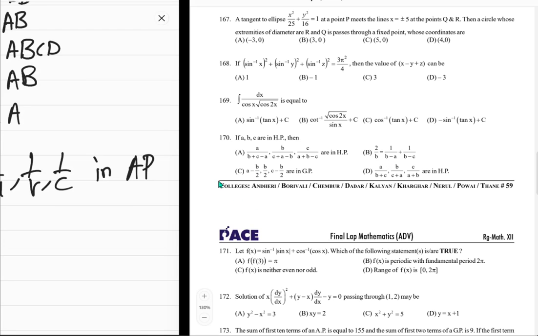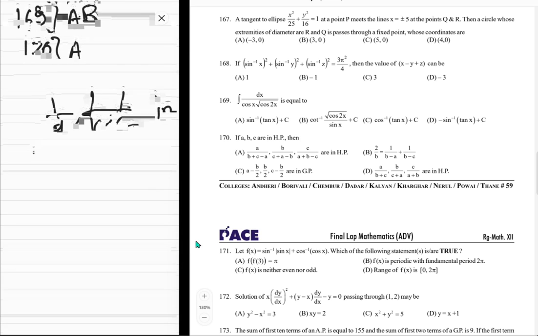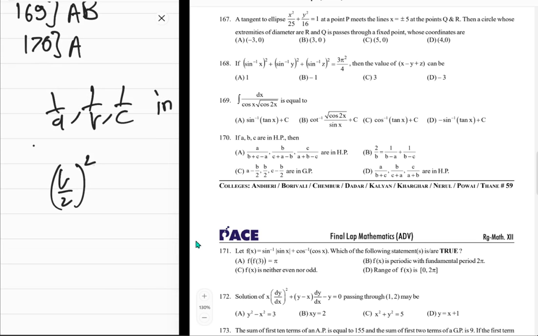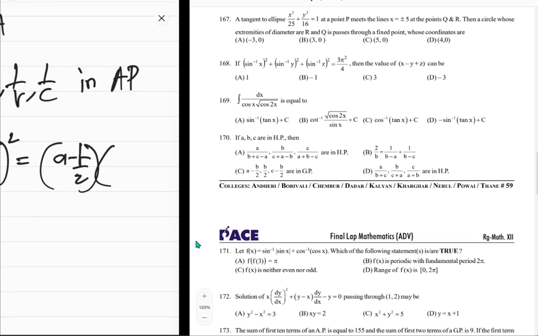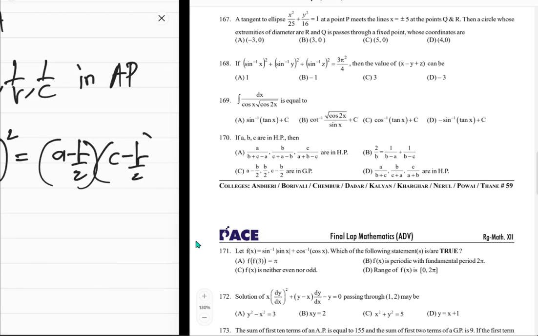Next is C. So a minus b upon 2, b upon 2 and c minus b upon 2 are in GP. What? A minus b upon 2, huh? So what you're saying is that b upon 2 squared is equal to a minus b upon 2 into c minus b upon 2.